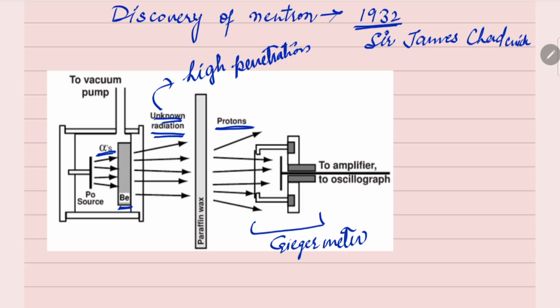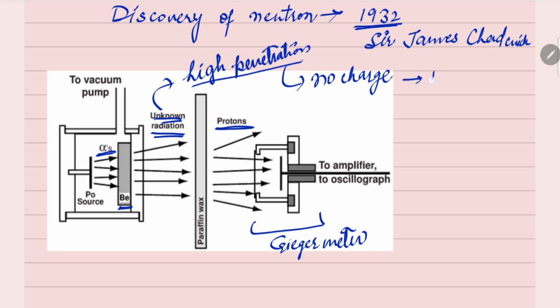He observed that these unknown radiations, which had high penetration, had no charge on them. They did not show any deflection in electric or magnetic field, as earlier subatomic particles, electrons and protons, showed.